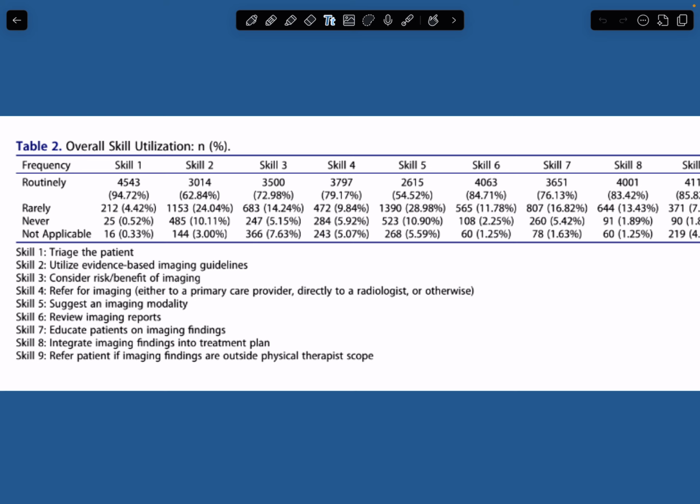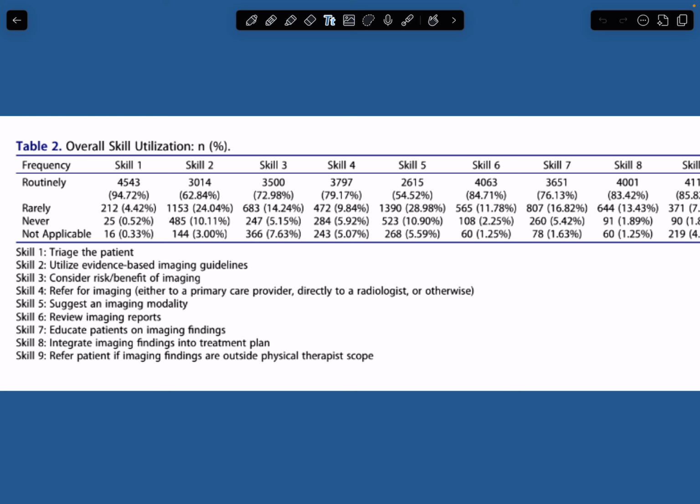Those two skills are utilizing evidence-based imaging guidelines, and skill 5 is knowing what imaging modality to suggest, and if I'm doing plain films, what views to suggest. You guys follow me? It's two pretty big areas. I'm not sure when I should get it done, and I'm not sure what modality I should get, even if we're talking about plain films.